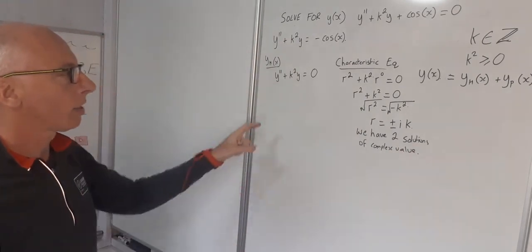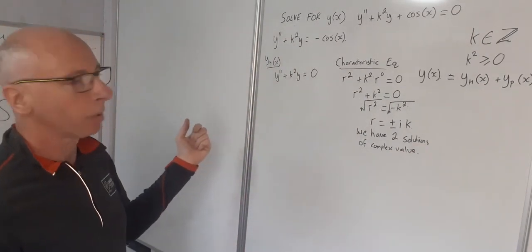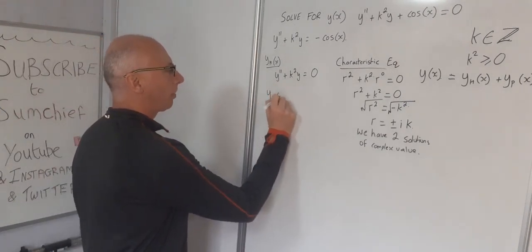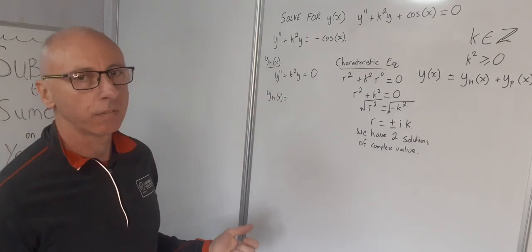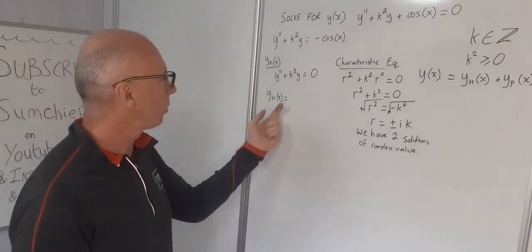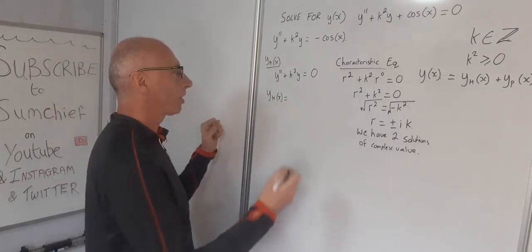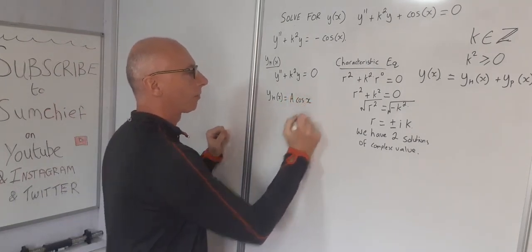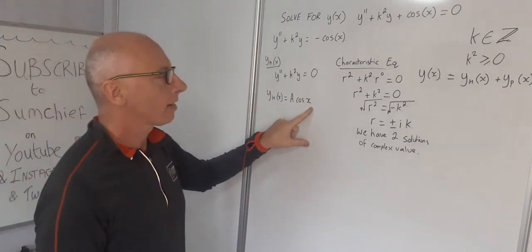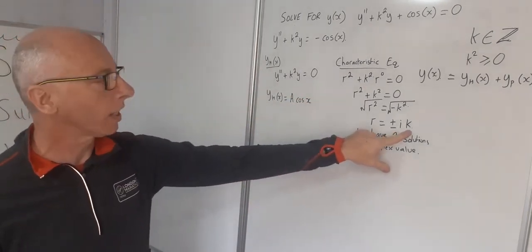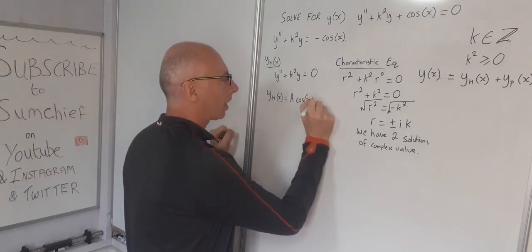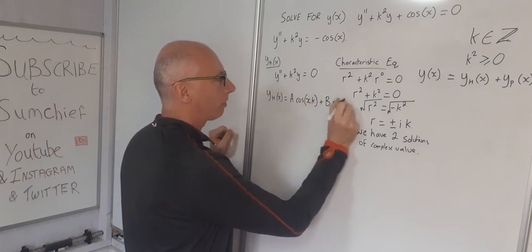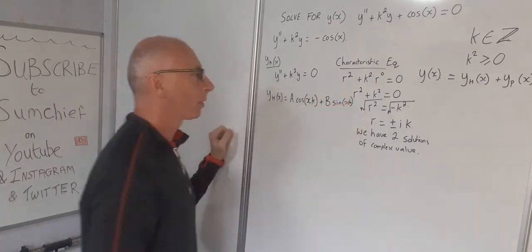So now that's going to set us up for how we can write our building blocks for our solution. So we now say that yh of x equals, now for the solution here we're going to set up some constants and some cosine and sine. So we'll have a cosine of x, and the x here we'll also need the constant k putting in, so xk, and then we add b sine, and then the value will be the same, xk, the input.